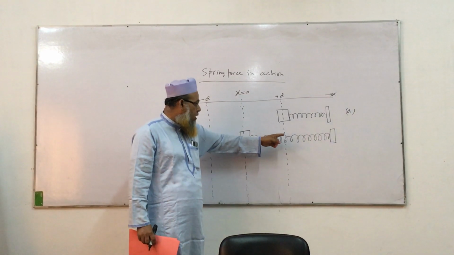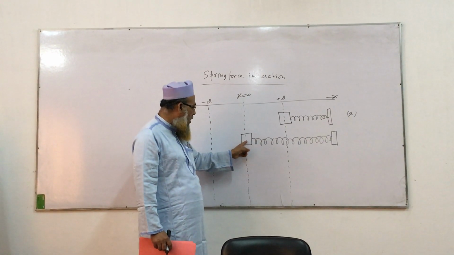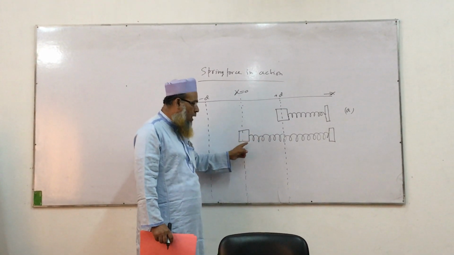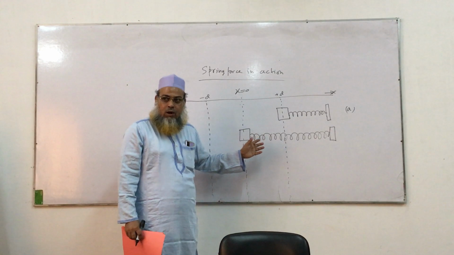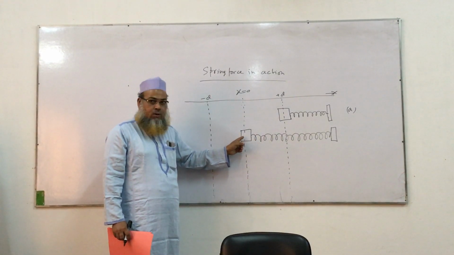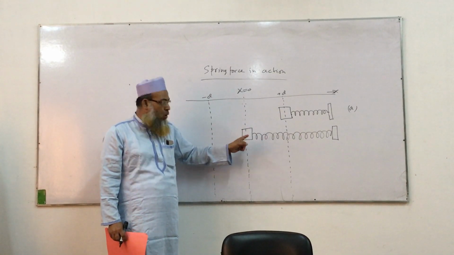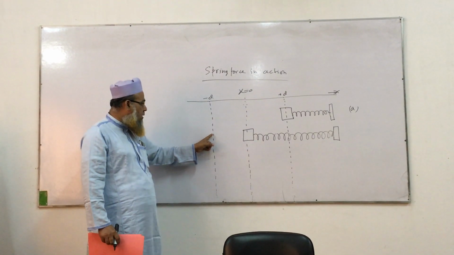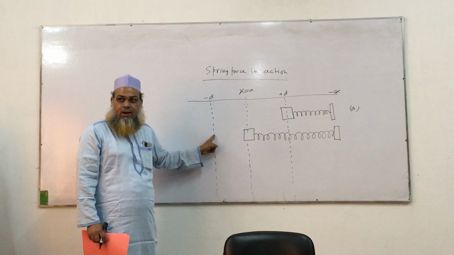So whenever the spring pushes the block up to the point x equals 0, the kinetic energy of the block will increase. So it will not stop here. It will go up to the point x equal to minus d.